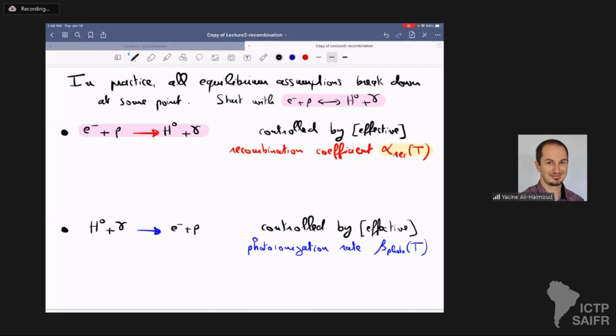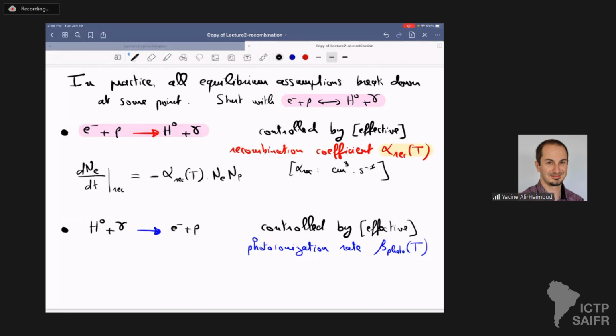It has units of centimeter cubed per second, so dimensions of volume per unit time, and is defined in such a way that the change of the number density of free electrons through this process, so this is a negative value because this process is destroying free electrons, is the coefficient times N_e times N_p.